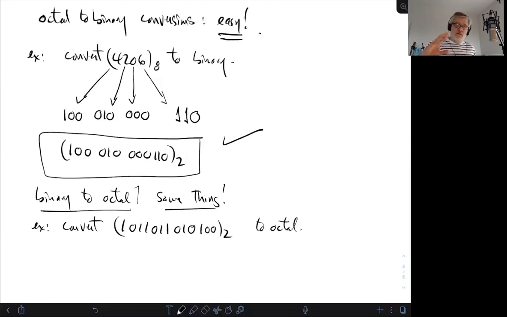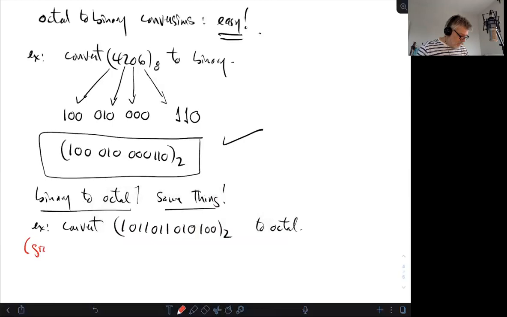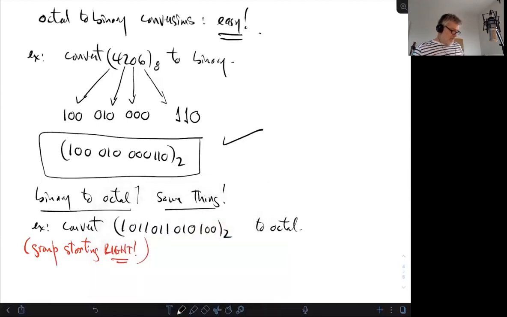Okay, now here you have to be careful. You always start on the right. You're going to group everything from the right, not from the left, right? So that's the only caveat here. So group starting from the right. This is important.